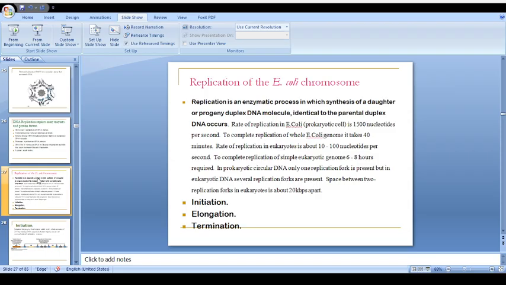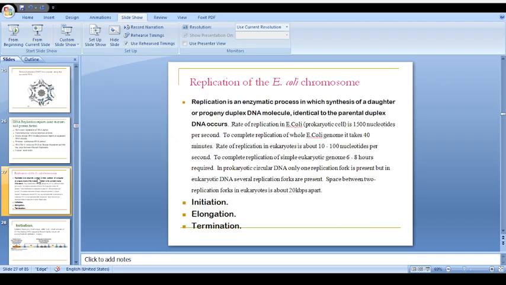In the human system, we have 23 pairs plus XX or XY, XX in the case of the female and XY in the case of the male. So we have this much chromosome as total nucleotides, about 3.6 into 10 to the power 9 base pairs.